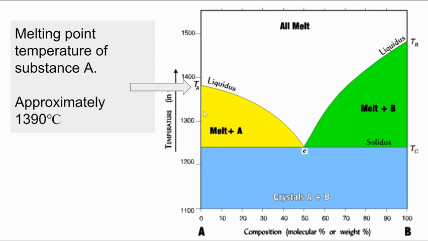And going up to where the liquidus line intersects, this is where things are 100% melted. So where we see temperature A, that would be the melting point of substance A. It's somewhere much greater than 1300 and a little bit less than 1400 in temperature. I estimated 1,390 degrees Celsius. Hopefully your estimate was close to mine.